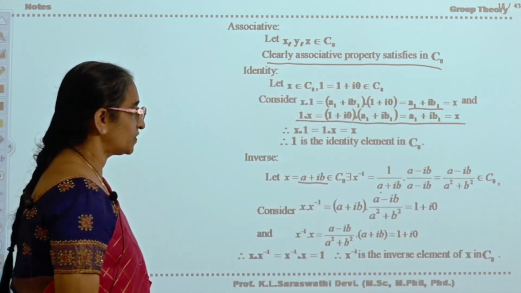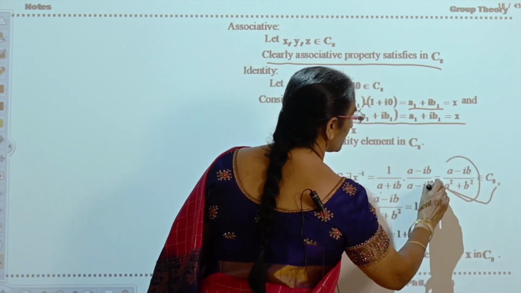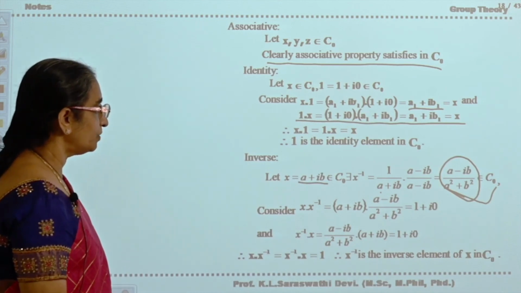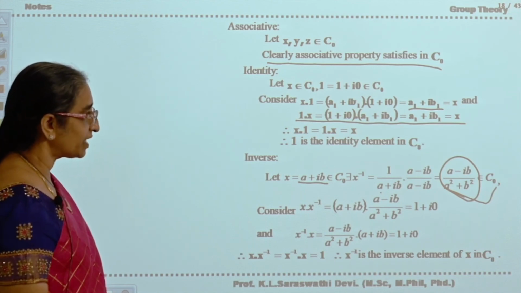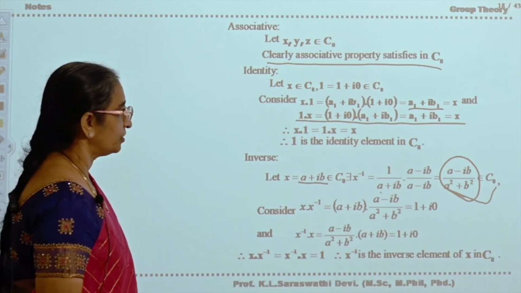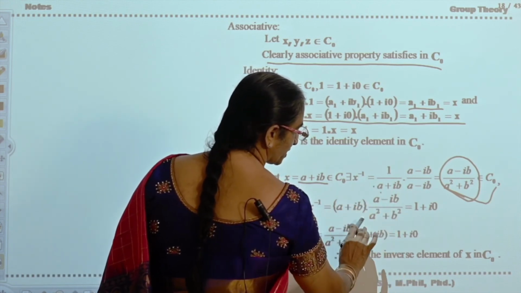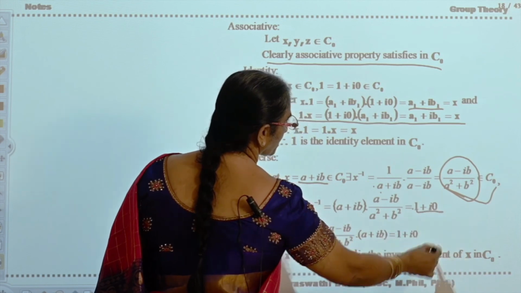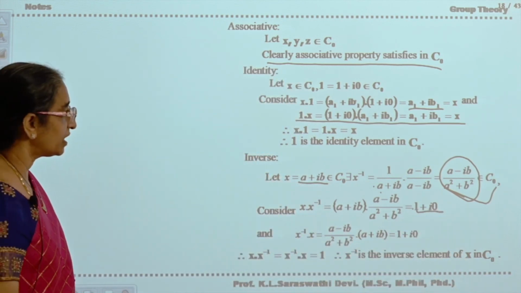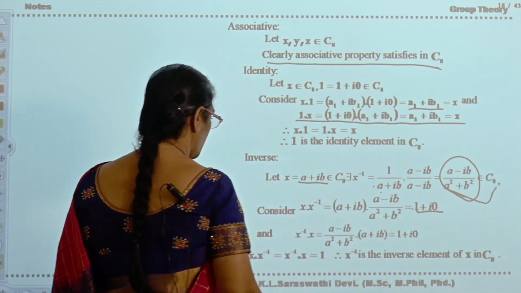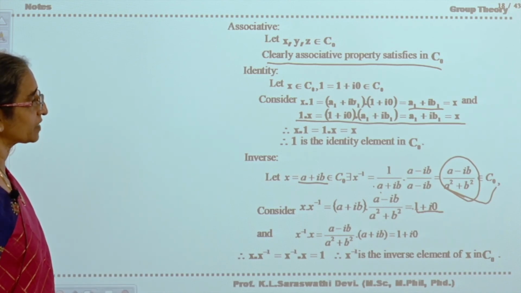Now take this element as the inverse. a plus ib into a minus ib by a square plus b square is nothing but 1 plus i0, because a plus ib into a minus ib is a square plus b square, and a square plus b square by a square plus b square is 1, which I can write as 1 plus i0. Similarly, the inverse times x is also equal to 1. Therefore, this is the inverse element of x in C naught.